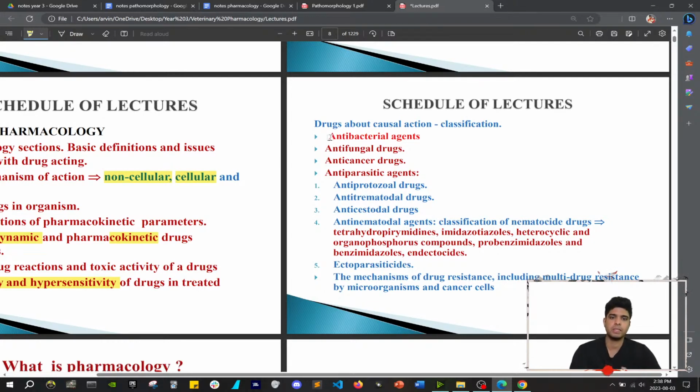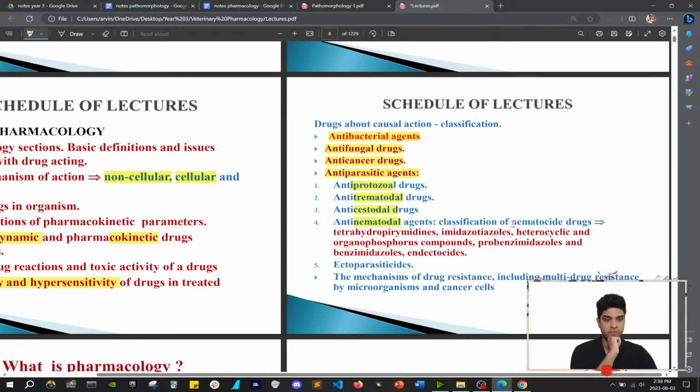Antibacterial, okay, so these are the big four, I guess. Anti-cancer, anti-parasitic, and then parasitic is subdivided into anti-protozoal, trematodal, anti-cestodal, anti-nematodal. Okay, protozoal, trematodal, cestodal, nematodal.